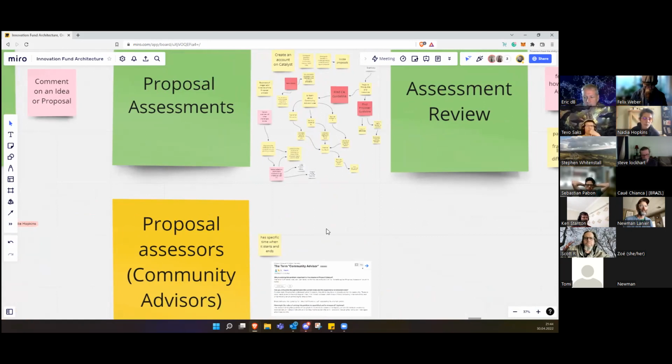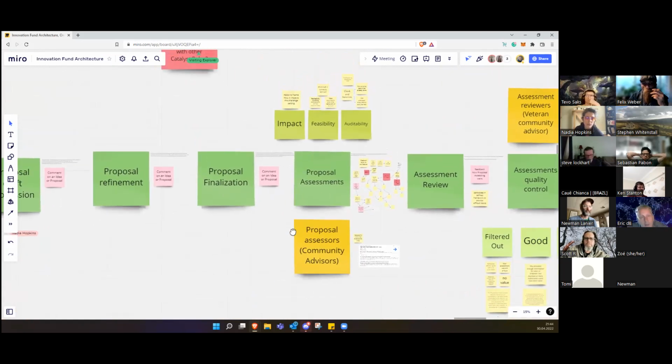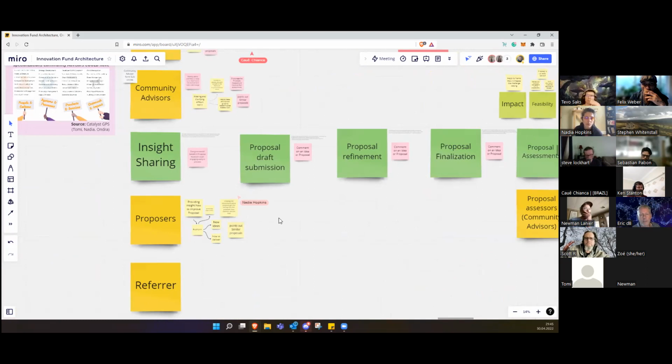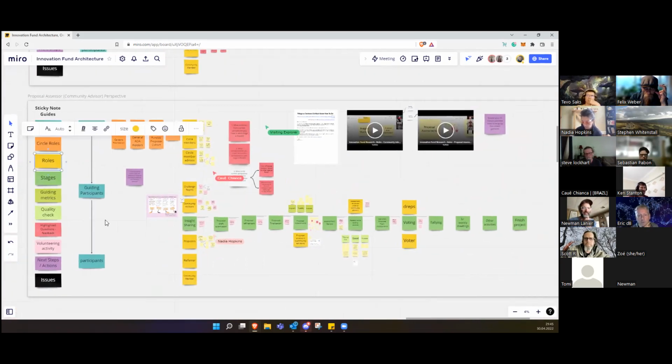Yeah, it's interesting hearing all of these things. One of the things that I'm thinking about is that a lot of these things need to be automated. We have advisors and community advisors, we have CAs, there's so many people involved that people are going to start stepping on each other's toes.